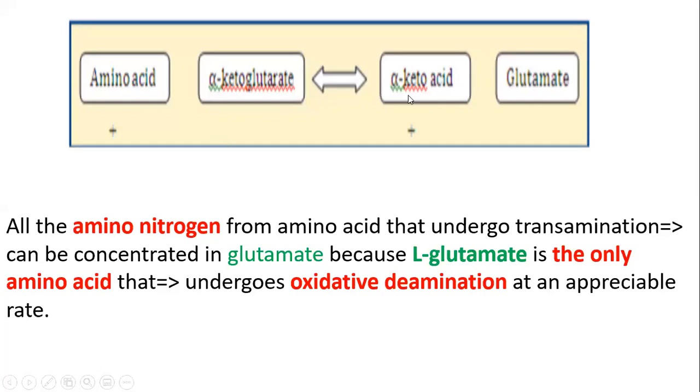The amino acid is converted into an alpha keto acid and alpha KG is converted into glutamate. All the amino nitrogen from amino acids that undergo transamination can be concentrated in glutamate because L-glutamate is the only amino acid that undergoes oxidative deamination at an appreciable rate.